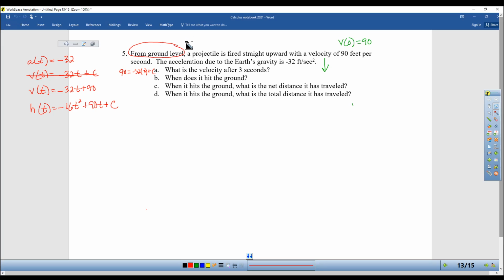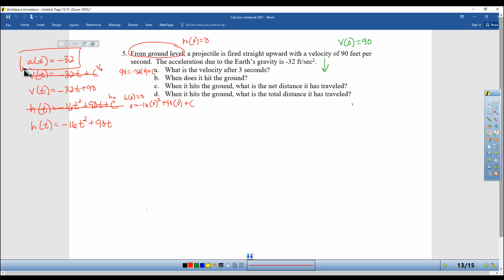From ground level, that means its height at time 0 was 0. So of course, h of 0 is 0. So 0 is equal to negative 16 times 0 squared plus 90 times 0 plus c. C is just 0. So again, I'm going to cross this one out and replace it with a slightly better one without a c, because c is 0. Okay. Another way to think about it: the c in the velocity equation is always your original velocity. In the height equation, c always represents the original height.